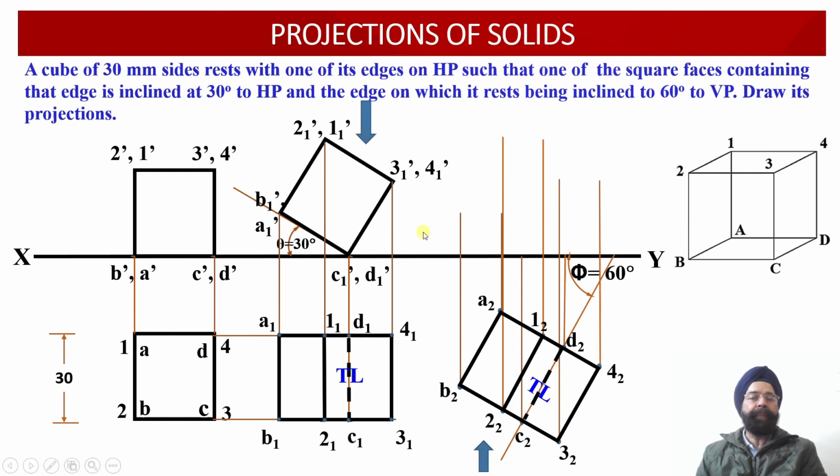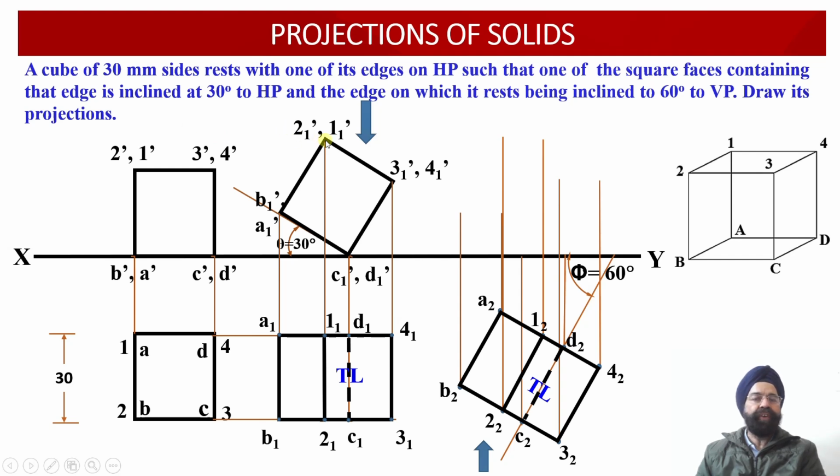So we will be able to locate the elevation projection points of all of these 8 points which will represent the front view projection of this oblique solid. So let us first of all evaluate the front view projections corresponding to these 8 points in the elevation view.